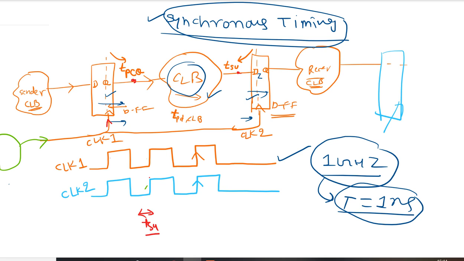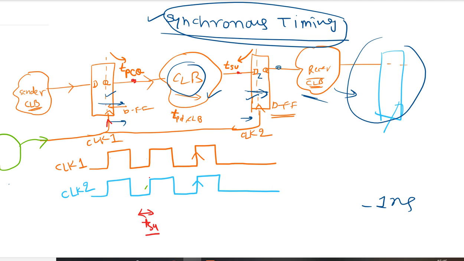Now we need to calculate the minimum time period we need for the clock so that we can effectively send the data from this sender flip-flop to this flip-flop. And later the receiver can get this latched data and store it in the flip-flop or some sequential element.